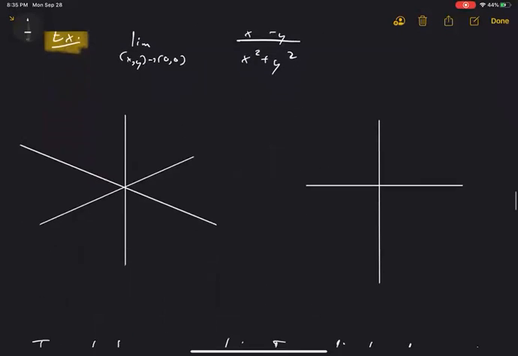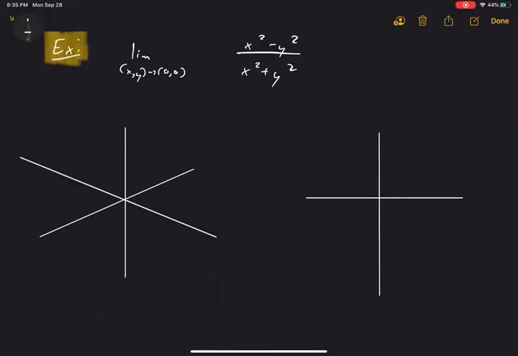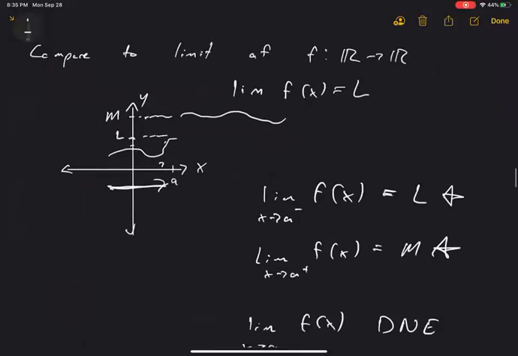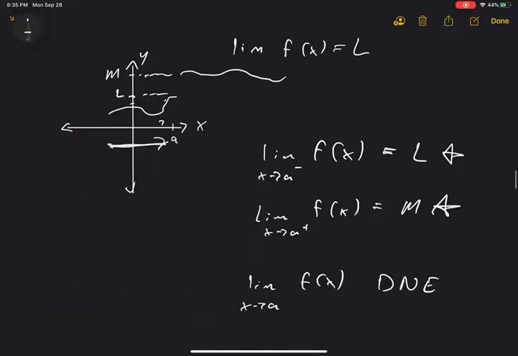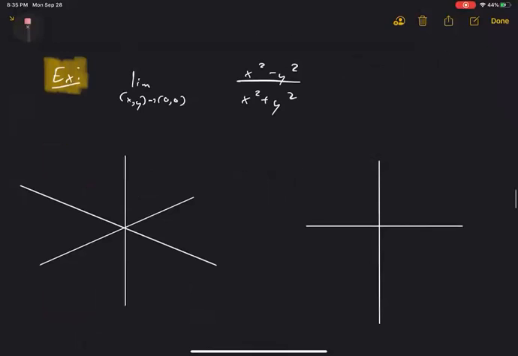The problem is there's a lot more directions now. When I had a function of a single variable, there were only two directions to consider, right? I either am coming from the left, negative side, or I'm coming from the right, positive side. Now there's a lot more.